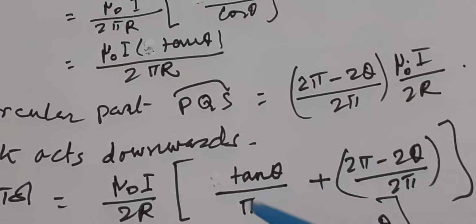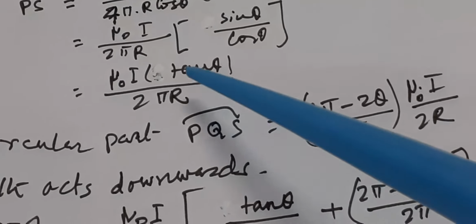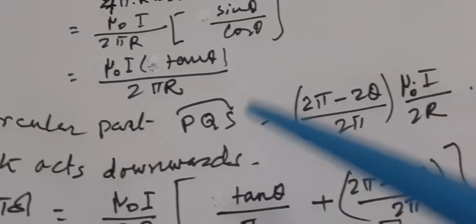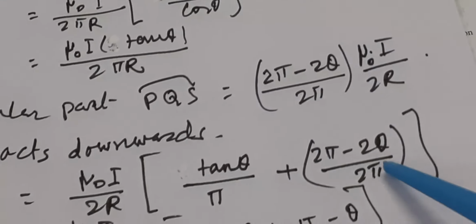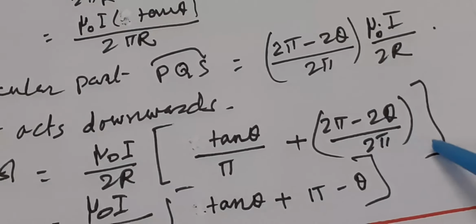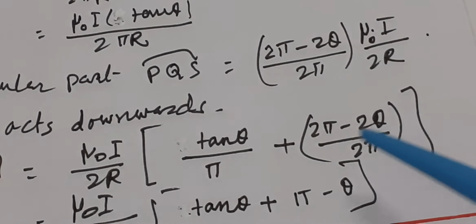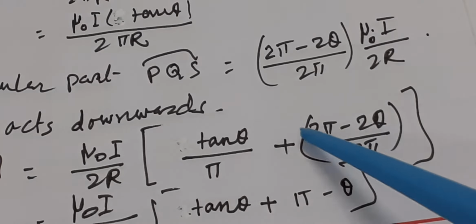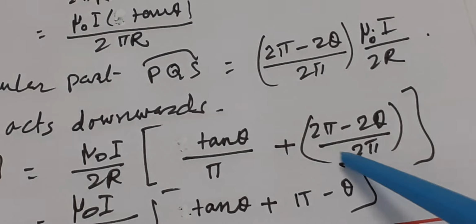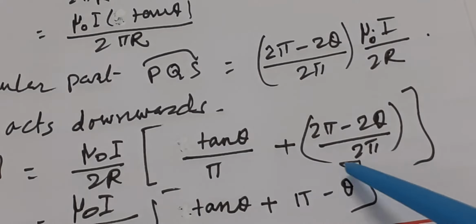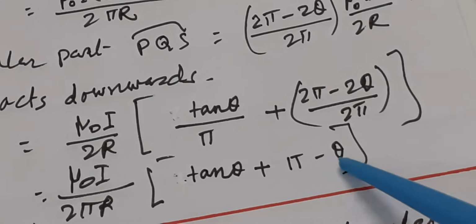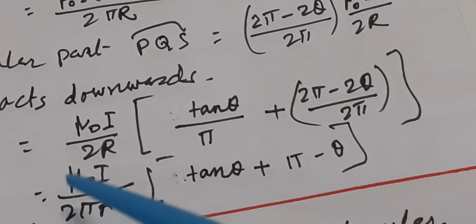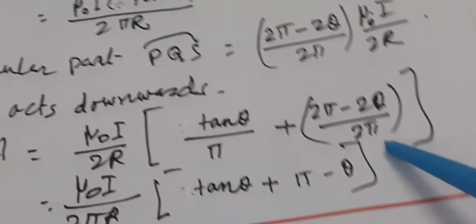Then tan theta by pi will be left here, and this part is gone, only this portion is left here. Simplifying between these two, the 2 will cancel in numerator and denominator, then you simply get tan theta plus pi minus theta here, and outside mu naught I by 2 pi r. That will be the final expression for this problem.